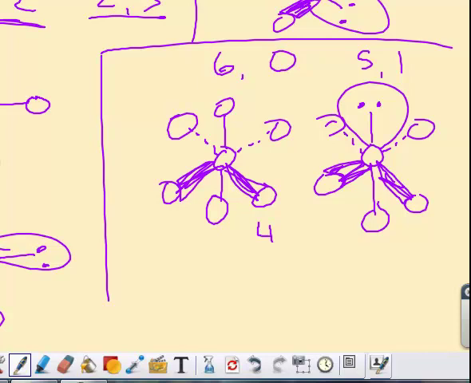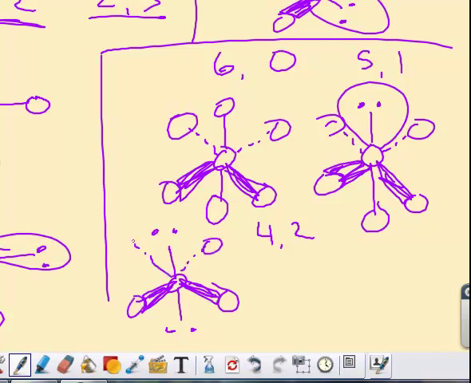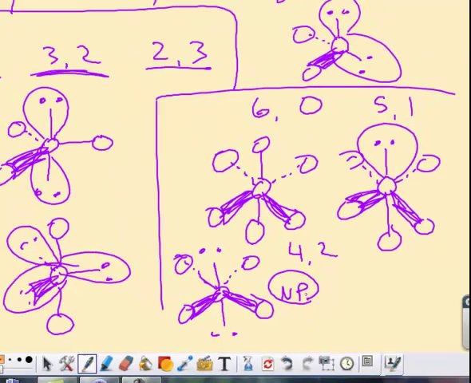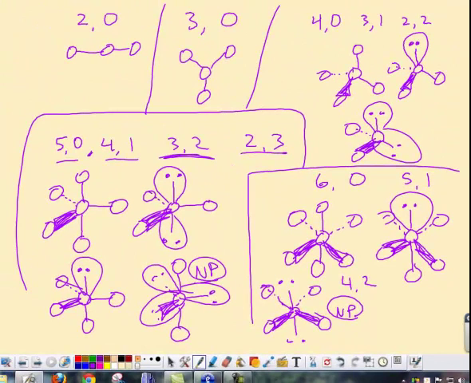And then 4 and 2, the other exception we discussed, where you have the extra pair of electrons above and below. So then the 4 are going to be the ones that are 90 degrees from each other coming out of the board and into the board. Sorry. And this one would be the nonpolar one there. So that's a nonpolar exception. The other one was, this is a nonpolar exception.